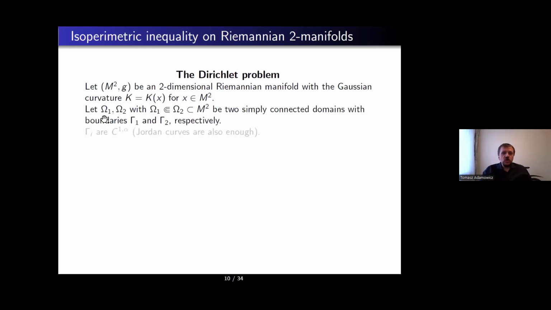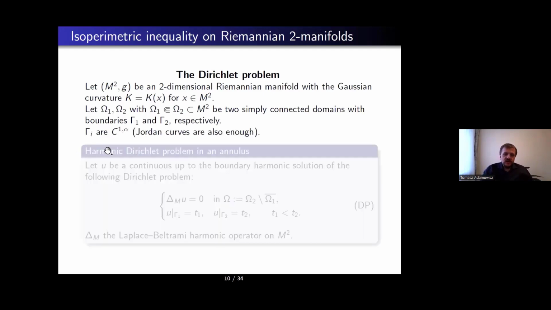Then by omega1 and omega2, we denote two simply connected domains with boundaries gamma1 and gamma2 respectively. For the first part of my presentation, we may assume that these boundaries are C^{1,alpha} regular, but you will see that this can be weakened to just assume that gamma1 and gamma2 are Jordan curves.